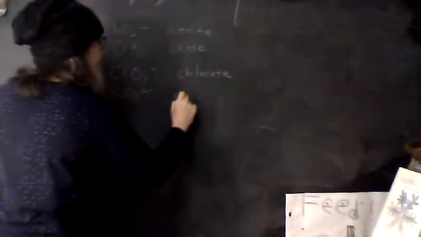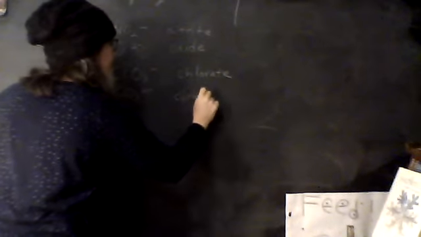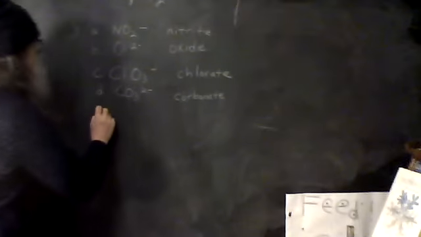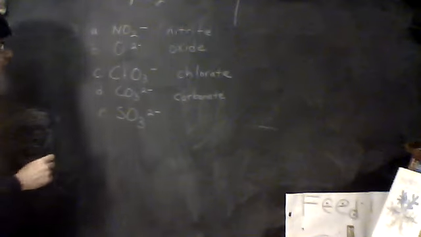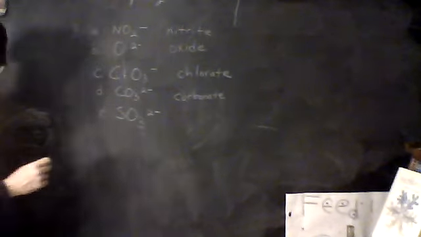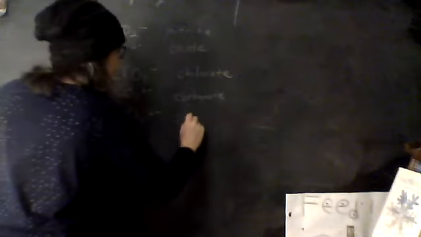Carbonate. So E is SO3 2 negative. That's sulfite.